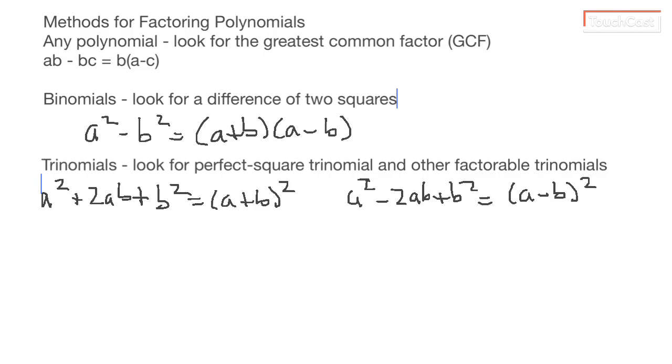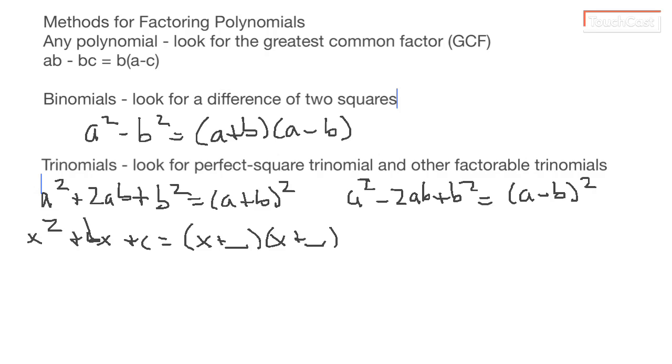And then for other factorable trinomials, if we see something in the form x squared plus bx plus c, remember that is going to factor to x plus a value times x plus a value. And it might be minus, and the values very well could be different, or will be different even.